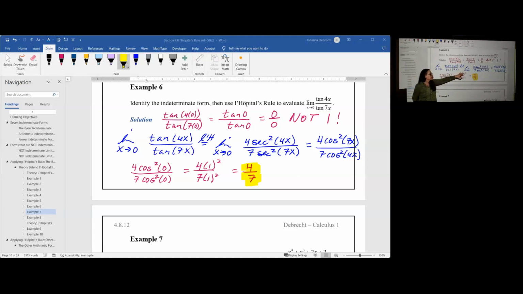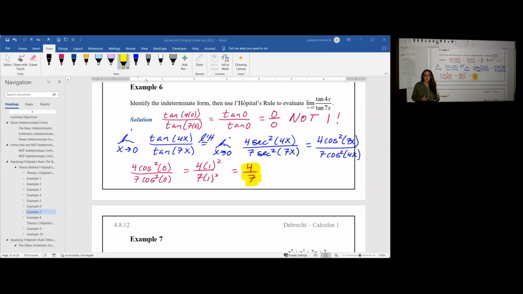Derivative of tangent is secant squared. And then we have to multiply by the derivative of the argument as the chain rule. I don't tend to do well with secant, so I converted them to cosine forms. Notice that the 4 and the 7 stayed put, but secant squared of 4x dropped to the denominator to become cosine squared of 4x, and secant squared of 7x in the denominator rose to the numerator to become cosine squared of 7x.